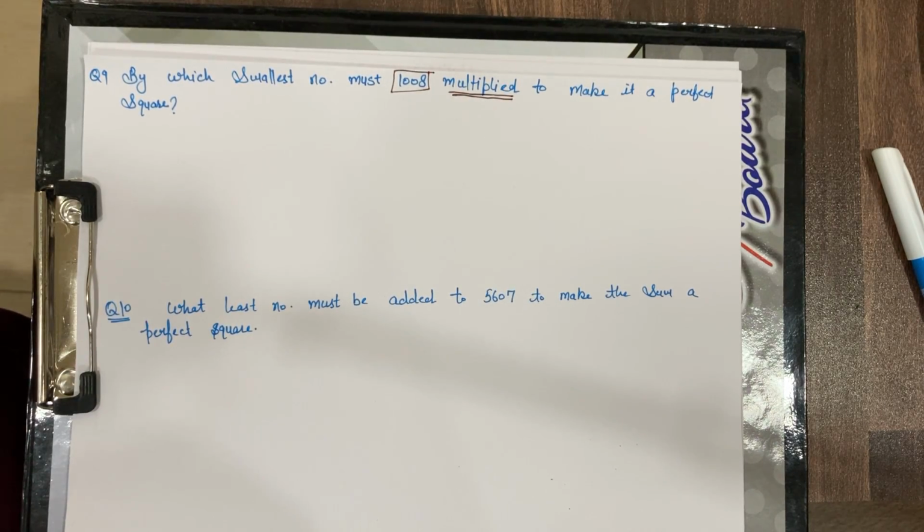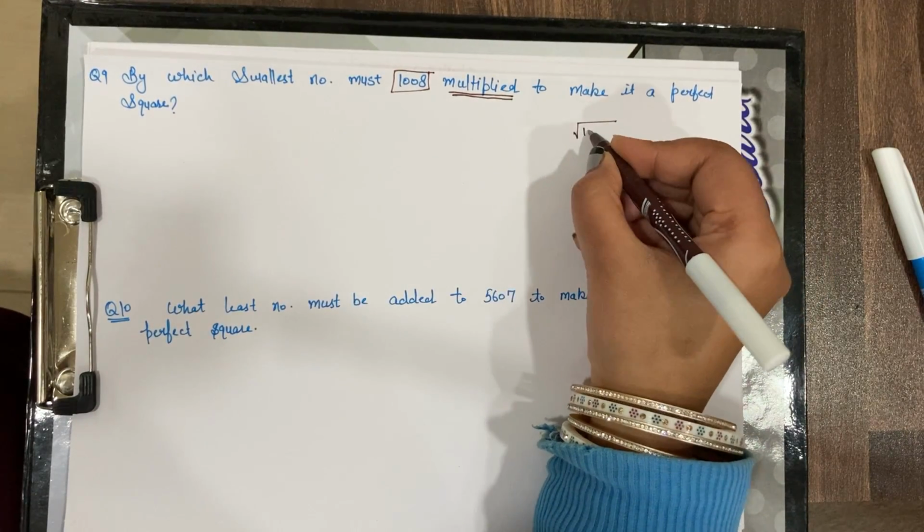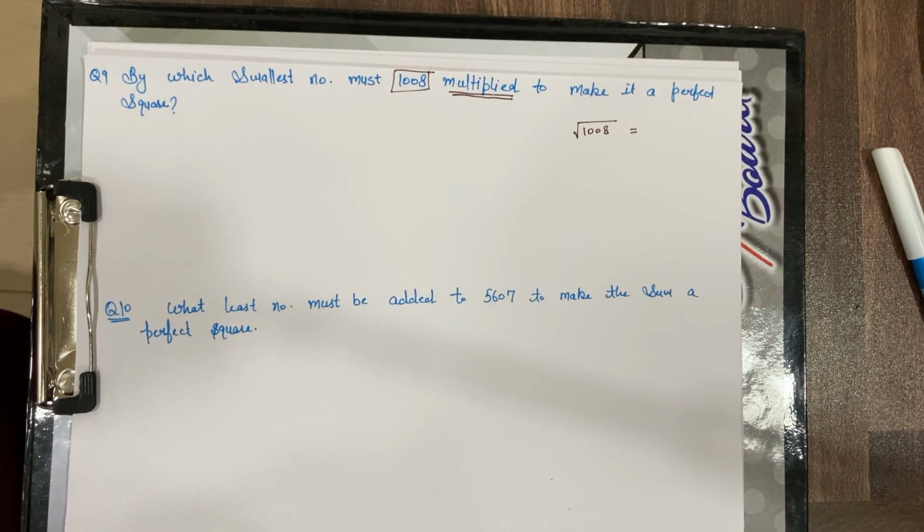If you try to find the square root of 1008, you will not get a whole number. So we have to multiply something so that we get a square root. Okay? So let us start with the procedure.